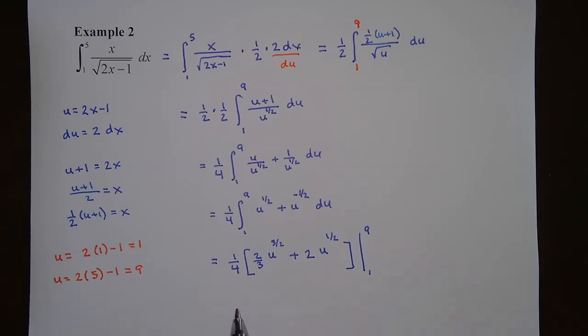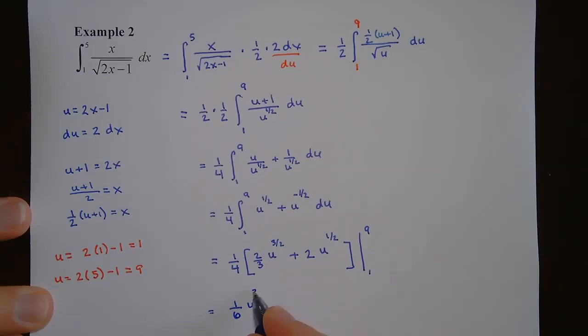Cleaning this up a little bit, before I start evaluating from 1 to 9, I want to distribute the 1/4. So this would become 2/12, but 2/12 is just 1/6. So this is 1/6 u to the 3 halves power plus, and 1/4 times 2 would be 2/4, or 1/2. 1/2 u to the 1/2 power, and we're going to evaluate this from 1 to 9.